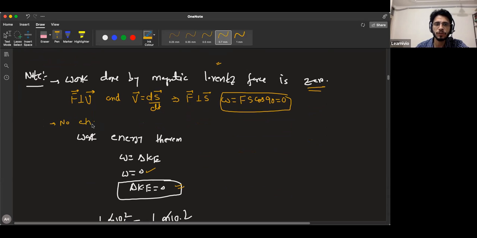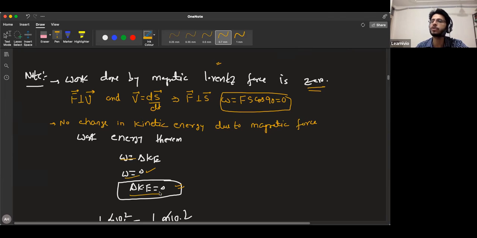No change in kinetic energy due to magnetic force. We can prove it by the work energy theorem.